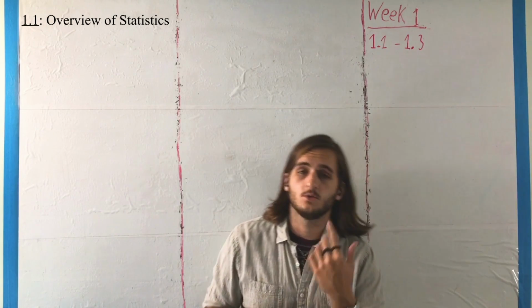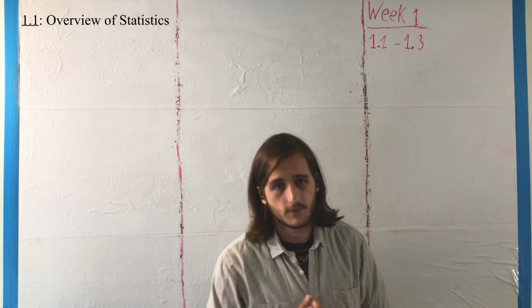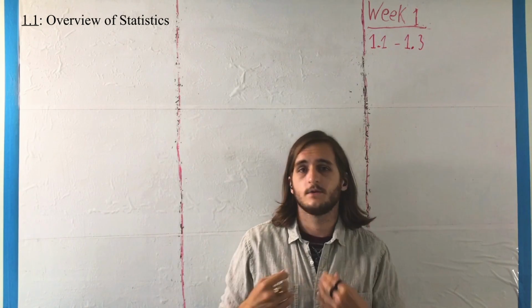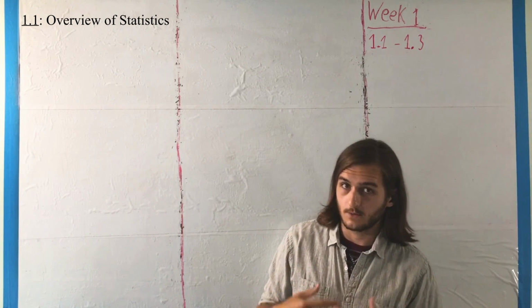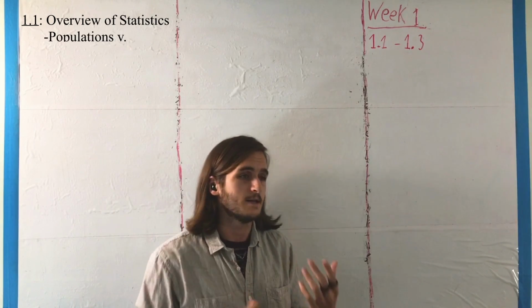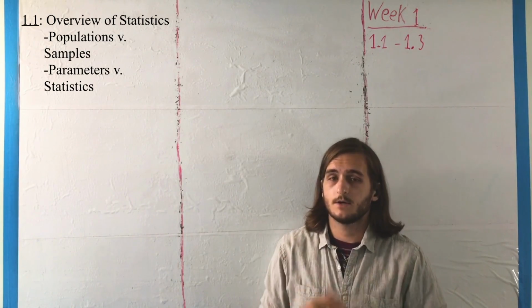So we're starting off with section 1.1, where we're just getting a brief overview of statistics, some of the basic ideas, basic definitions there, like what statistics are, what a sample is versus what a population is, so what a statistic is versus a parameter.